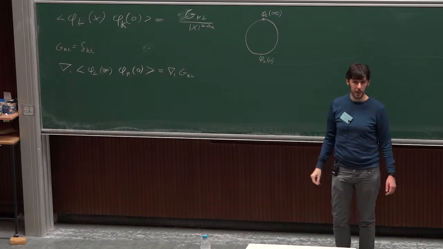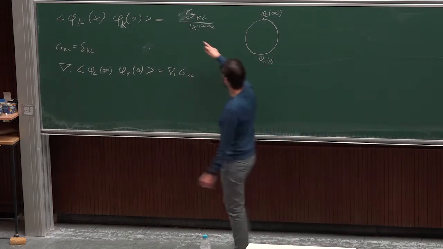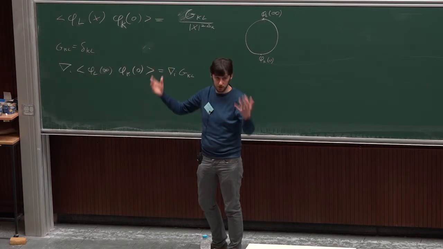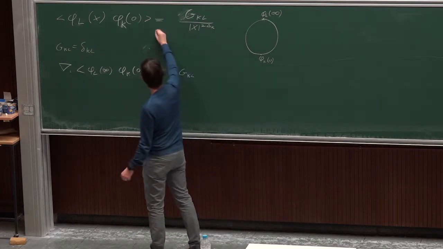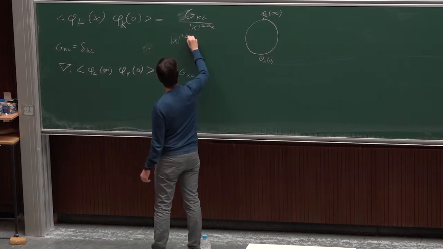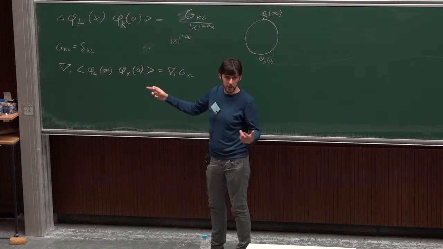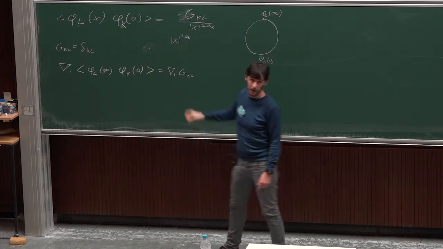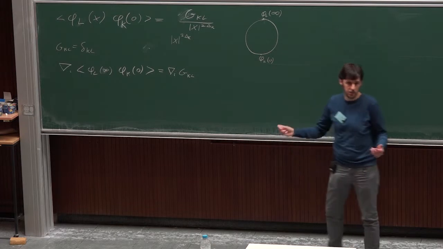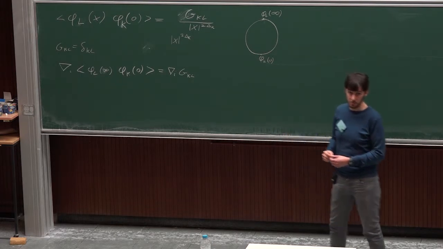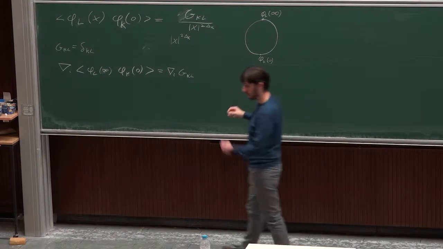In order to get something finite here, when I take this limit, and if I imagine mapping the plane to the sphere equivalently, I have to multiply this object by x to the 2 delta k. So when I take the limit to define this object here, I multiply by this thing. And I will get precisely this thing. It's just a trick. But it's a trick that has interesting meaning, and we will explore this more and more.